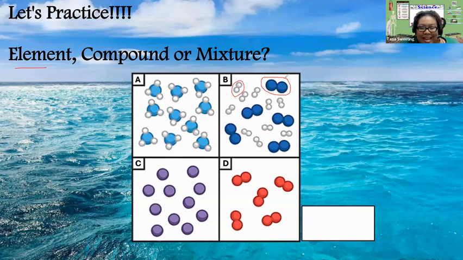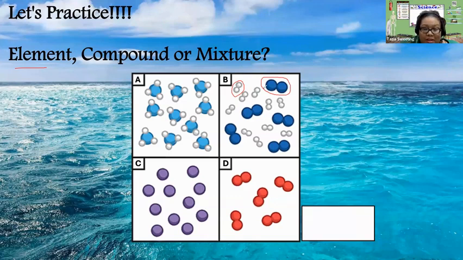The blue one is an element. Are they the same elements? No, ma'am. They're not the same element. So when you have two different elements, look at the blue and look at the white. Are they chemically joined together or physically joined together? They are physically joined together because they are not connected to each other.